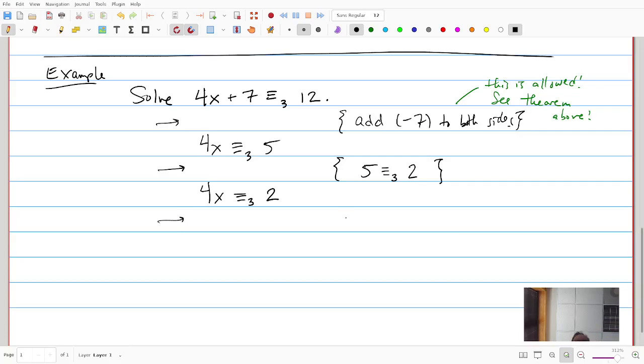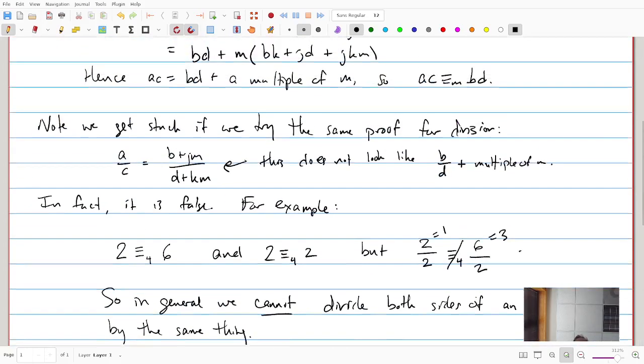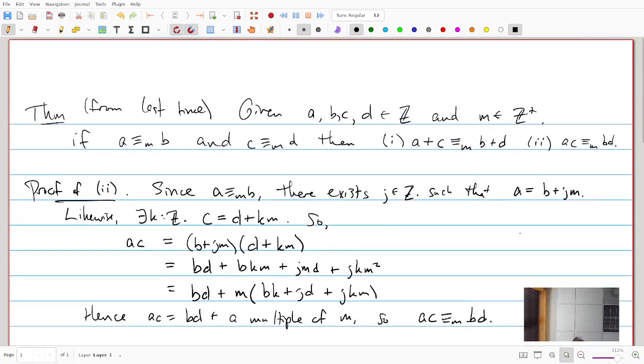Well, 4 is equivalent modulo 3 to 1, right? Then the question is, I don't have 4, I have 4x. So, can I do something with that? Well, yes, I can, because of this theorem.